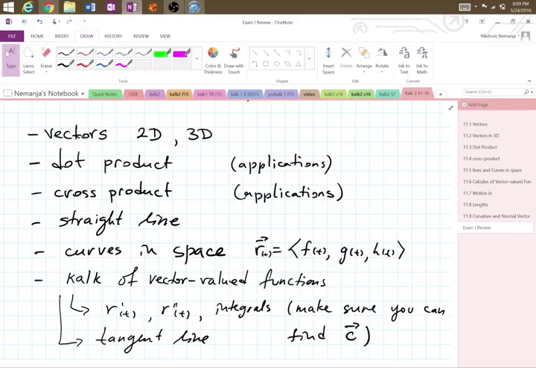So there is the projection as well, projection of u onto v. There is that formula with the dot product. What else is there? So dot product, that's it. Now we use the work as the example for the dot product, so that's one of the applications.